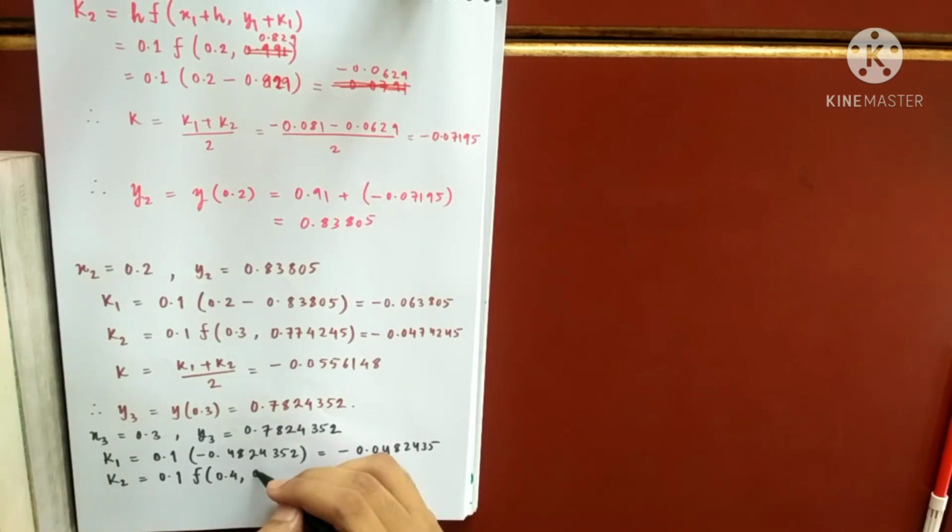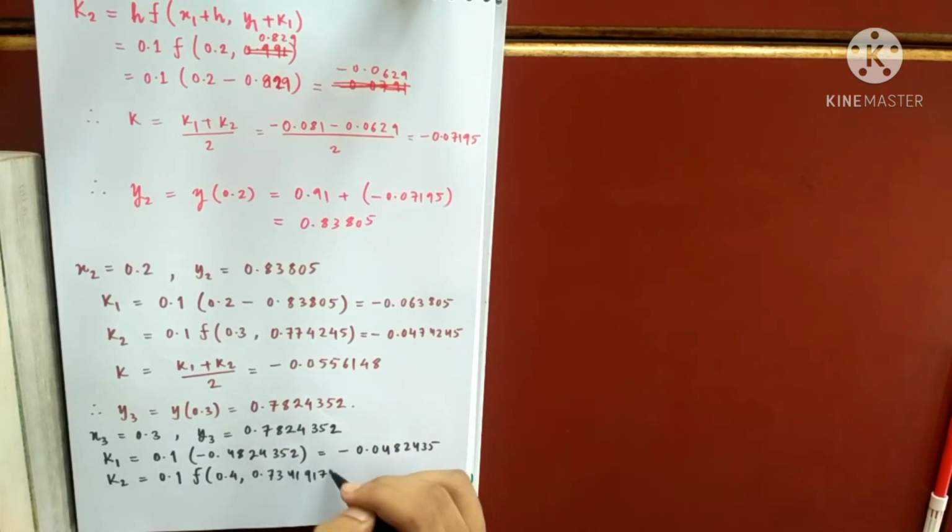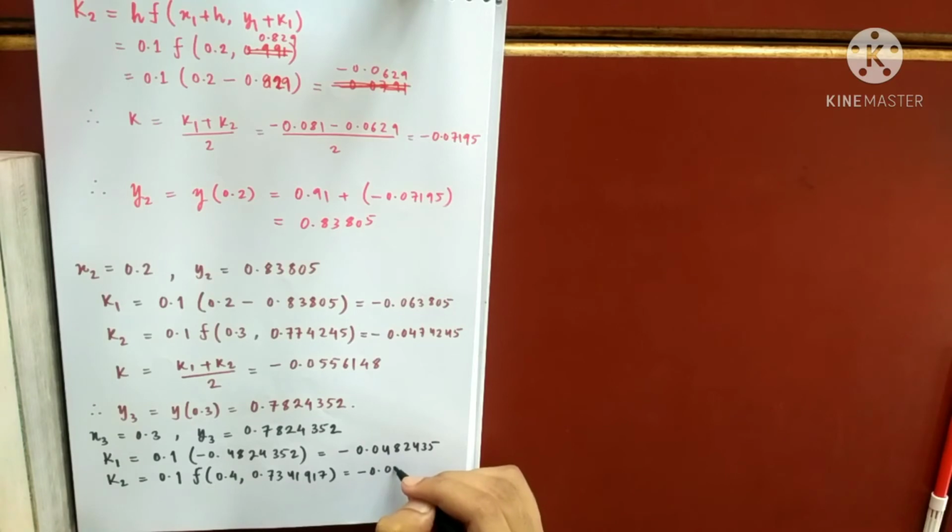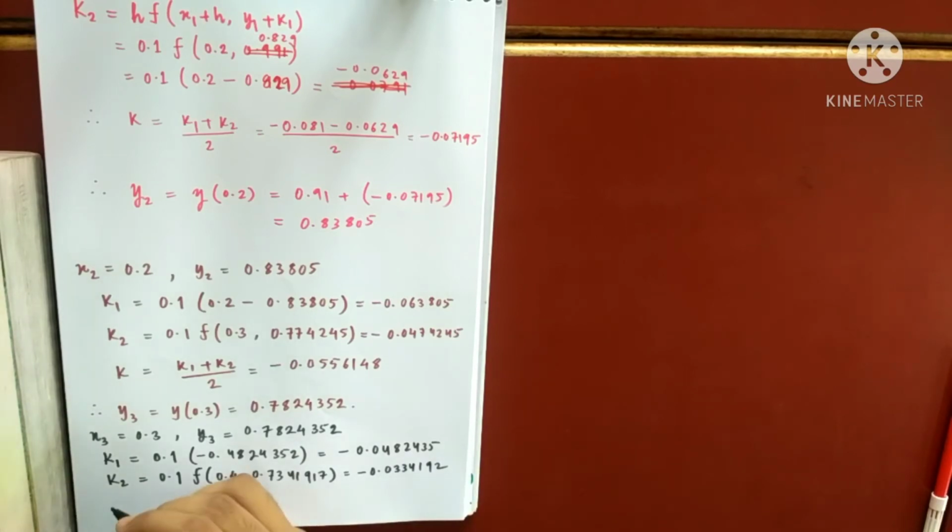So it is coming as 0.73419117. So f of x comma y is x minus y. So it is coming as minus 0.033419.